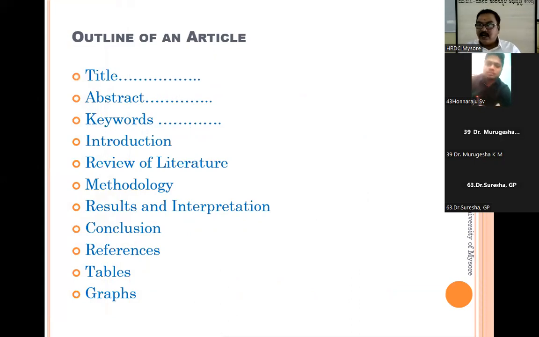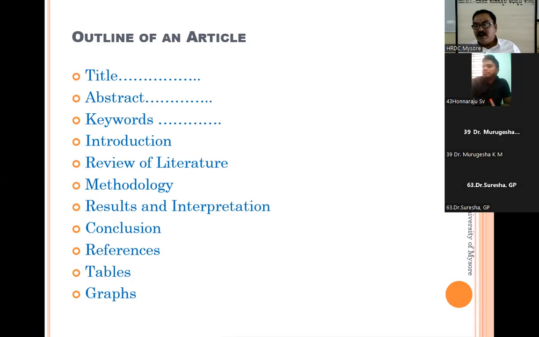A good research article will consist of a title. I'm not getting into how the title has to be written. I will come to that later. But a good research article will have all these: title, abstract, keywords, introduction, review of literature, methodology, results and interpretation or results and discussion, conclusion, references, tables and graphs.